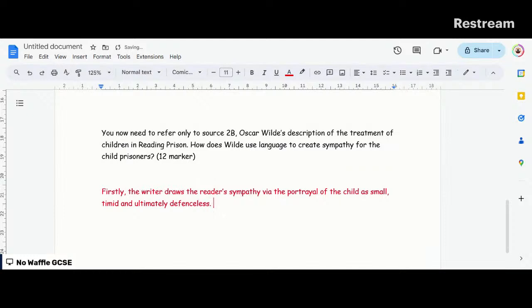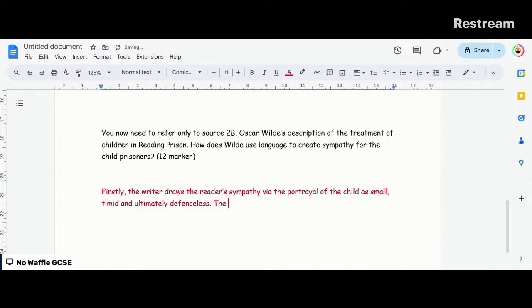Now, I would always recommend when you are talking about something, whether it's language or literature, always describe something with your triplets: small, timid, and ultimately defenseless. It's showing to the examiner that you're not just taking a single approach to this. One thing will lead to the other, which will lead to the other. So, the writer draws reader's sympathy via the portrayal of the child as small, timid, and ultimately defenseless.